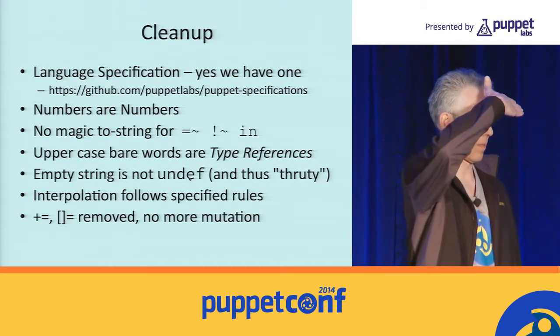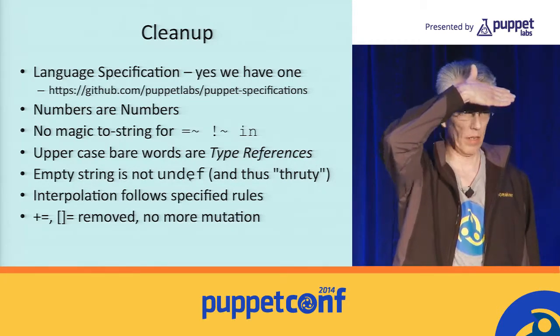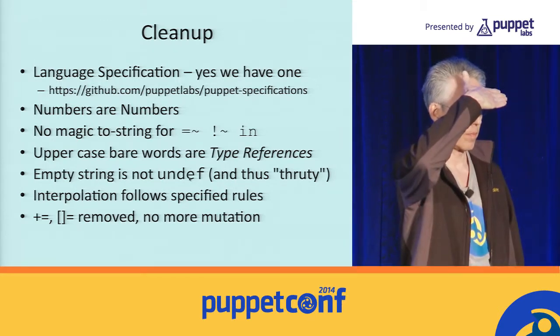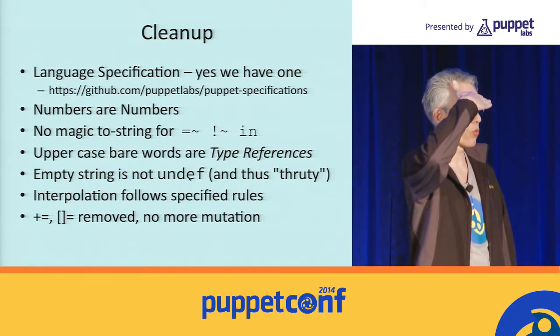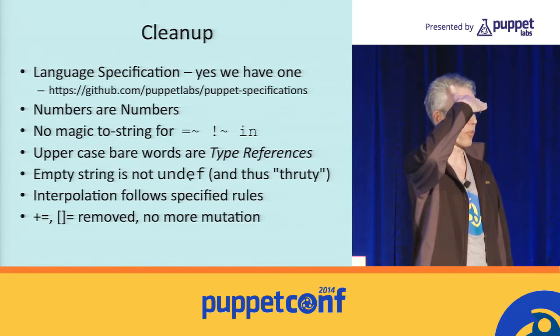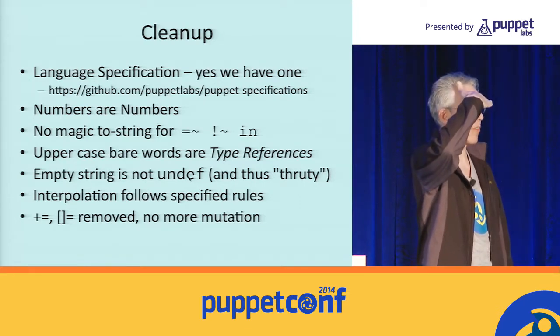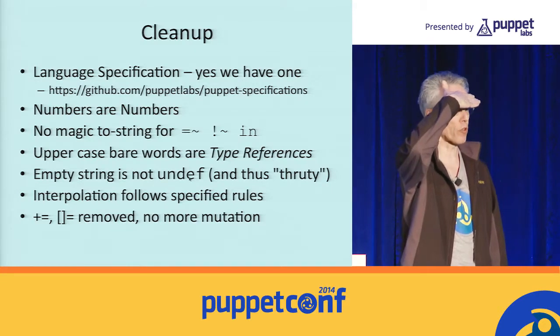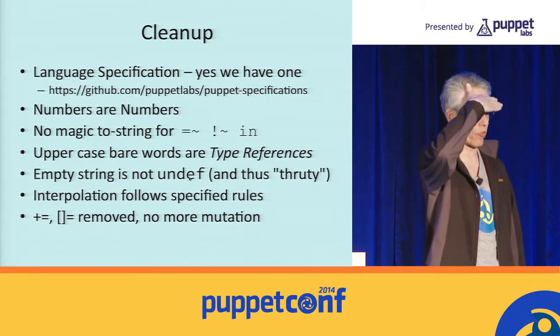So, more questions? I haven't played much with Future Parser. When was it introduced? What version of Puppet 3? It was introduced in 3.4.